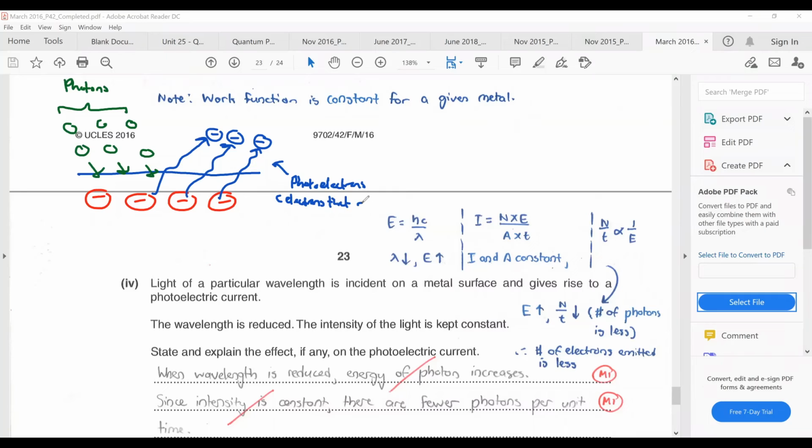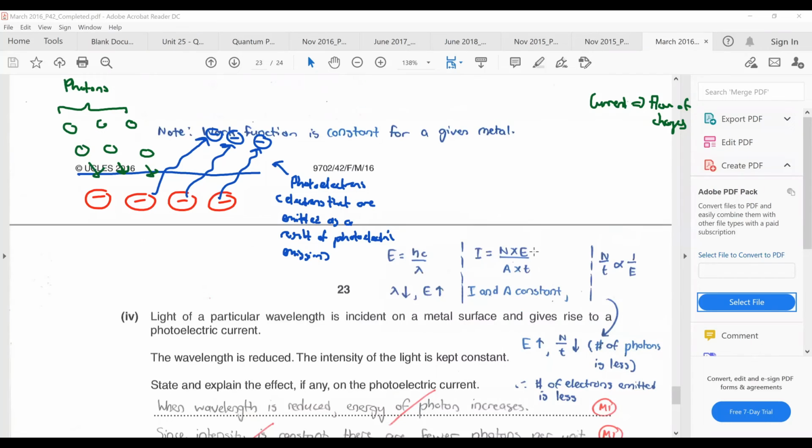Electrons that are emitted as a result of photoelectric emission. Now, when you say photoelectric current, it refers to this. Current is actually the flow of charges, right? You understand that current is made up of the flow of charges.